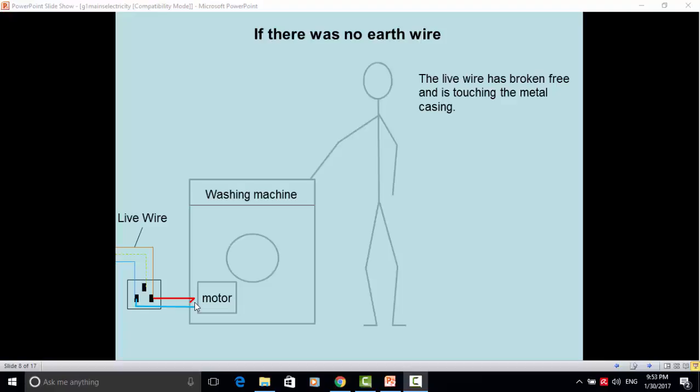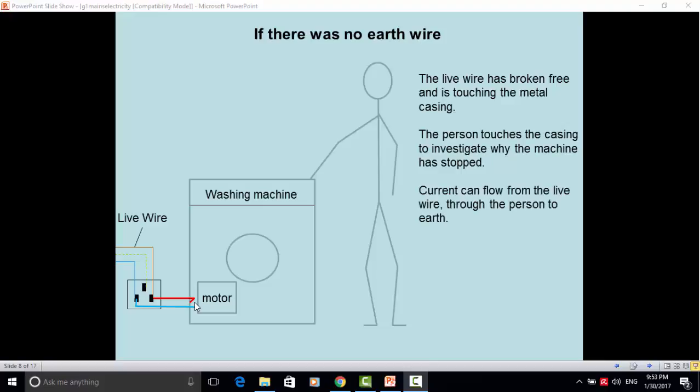A person has come up to find out what has gone wrong and touches the casing. There's now a path of current to flow from the live wire through the person to earth. So it can go through the casing of the washing machine, through the person, down to earth, literally to the ground. This could give them a fatal electric shock.